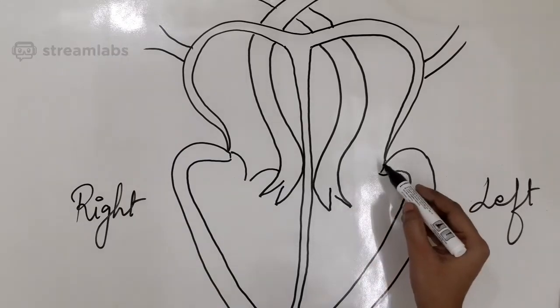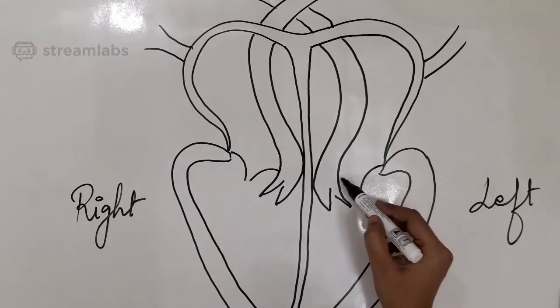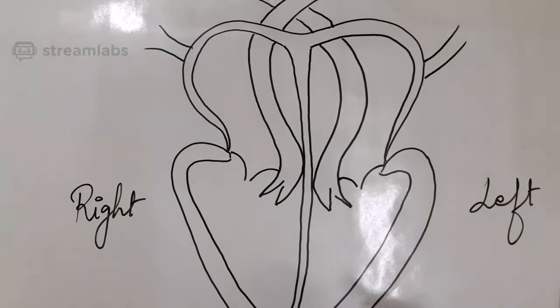Firstly, you should understand the role of these valves and the blood vessels carrying the blood. I will mark the impure blood with blue, and red shows the pure or oxygenated blood.